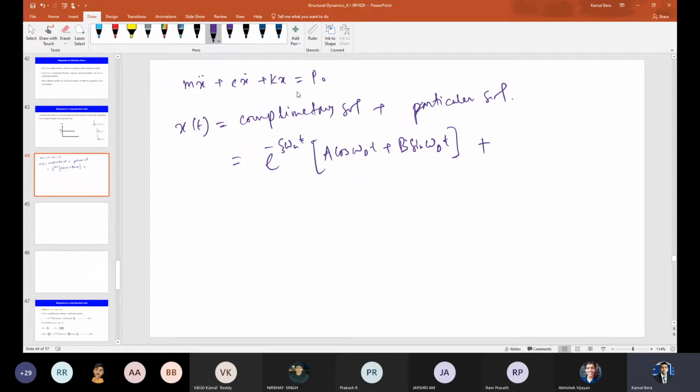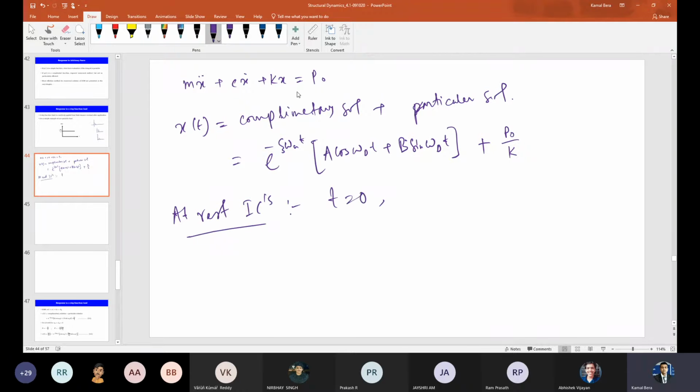What will be the particular solution here? So P naught by K. The particular solution is due to the non-homogeneous part of the load, which is a constant P naught, so P naught by K. Now we apply the initial condition, let us say the at rest initial condition, which is common for most of the cases.